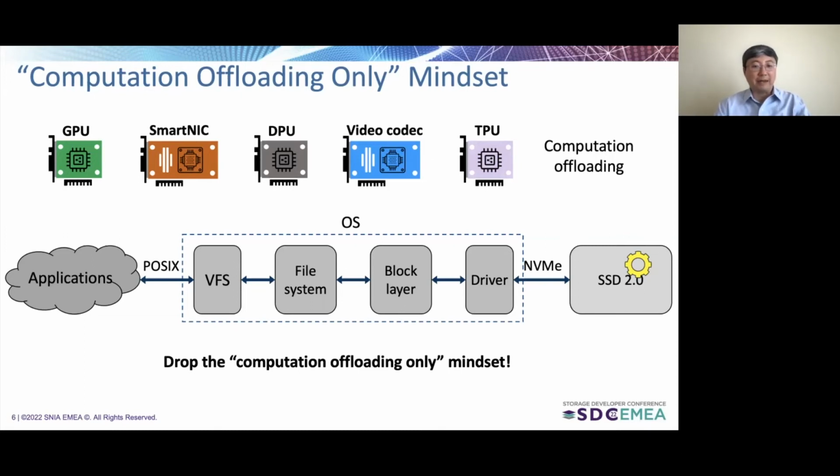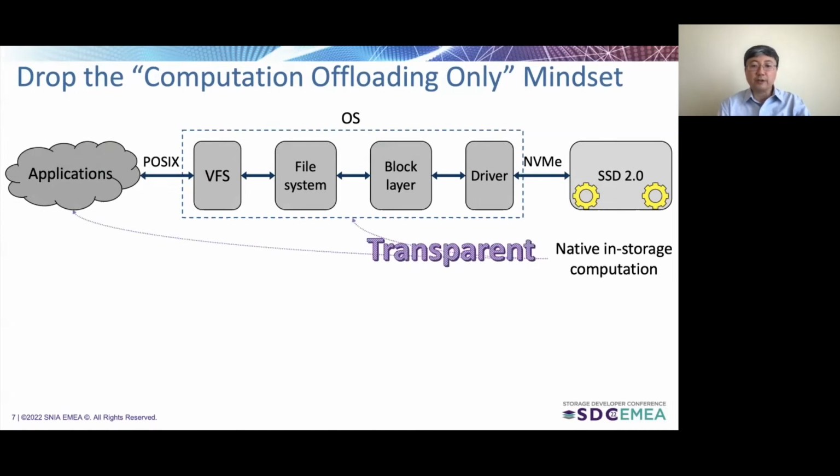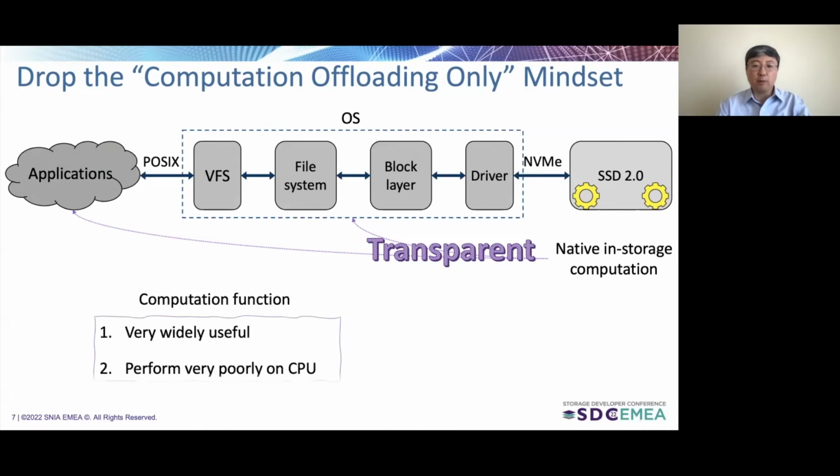So we firmly believe that in order for SSD 2.0 to take a real first step towards commercial success, we must move away from the traditional computing offloading mentality. Therefore, we have to look into what we call native in-storage computation that is transparent to all the other abstraction layers. The transparent in-storage computation should have two properties.